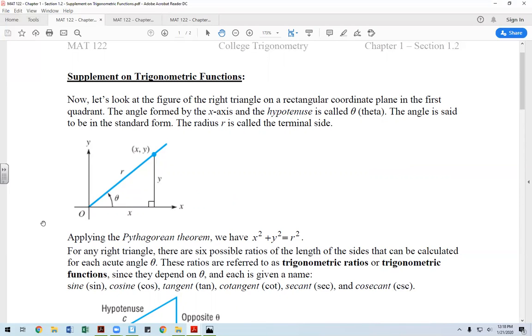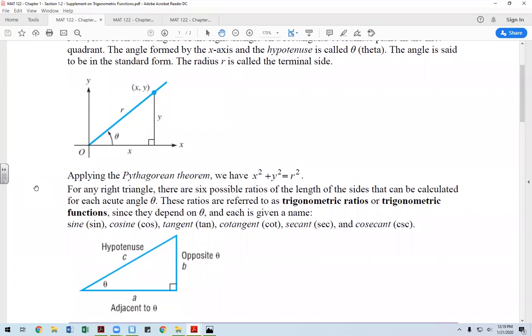So if you think about on our coordinate plane, putting our little right triangle in the standard position, of course your initial side is right here on the positive x-axis. The terminal side for our angle theta is in that first quadrant. So this distance x, this is distance y, and then the hypotenuse is our distance r, the radius of the circle that is formed.